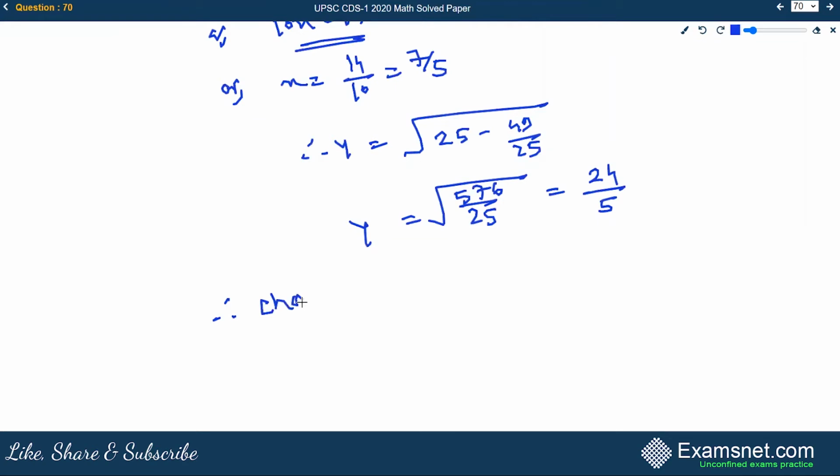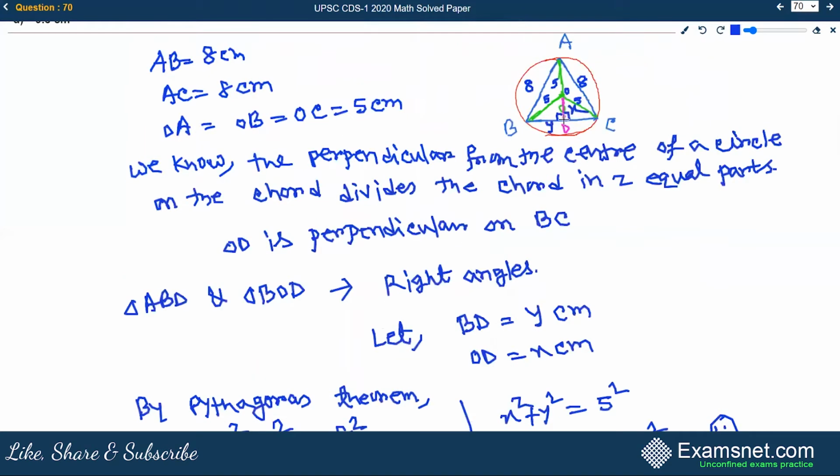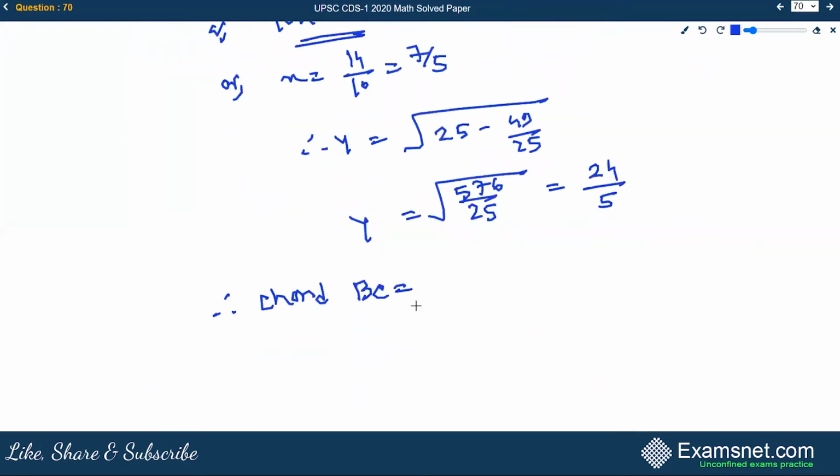Therefore, chord BC. Now, since D is the midpoint, because the perpendicular from the center divides the chord BC into two equal parts. So here D is the midpoint. So we can say BD equals DC. So therefore BC is twice of BD.